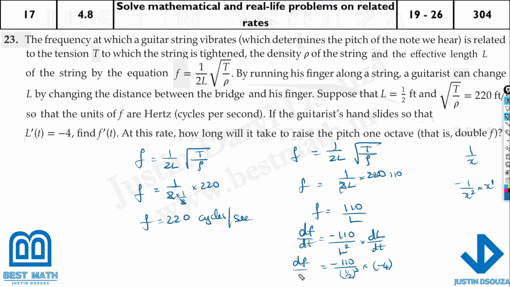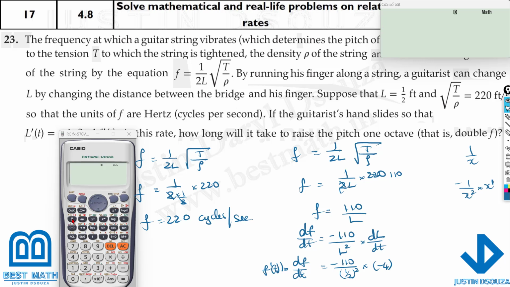That is the derivative that is given as f prime of t with respect to time. Okay, let's put this in the calculator and check what will be the answer. All you need to do is substitute this. Let's use the fraction. Minus 110 divided by, use the brackets, it's 1 by 2, 1 divided by 2, or you can write 0.5, it's easier.